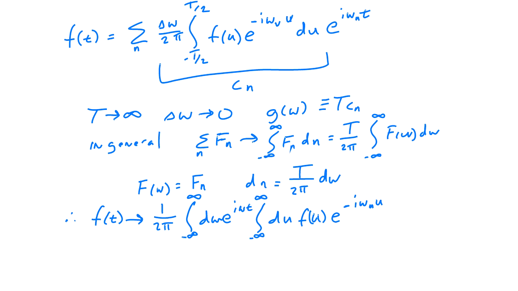So we can also look at our function g of omega that we defined earlier. And g of omega is equal to the integral from minus infinity to infinity of dt f of t e to the minus i omega t.